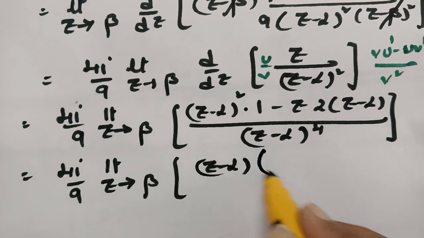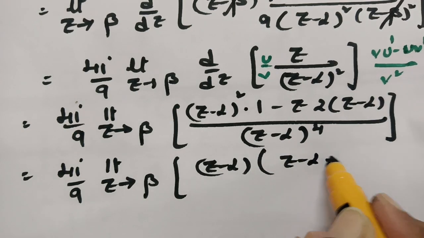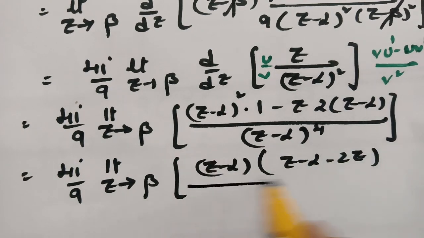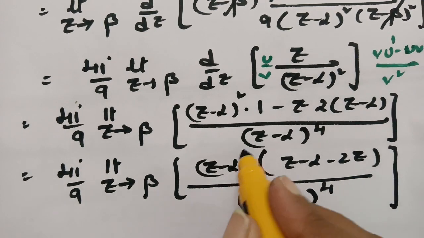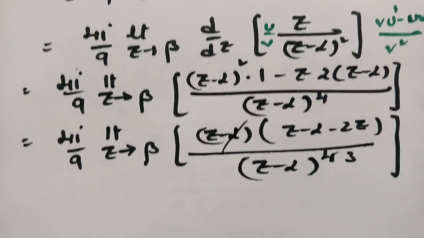If I take (z minus alpha) common, this will be (z minus alpha minus 2z) by (z minus alpha) to the power 4. If I cancel one time, this will be power 3.